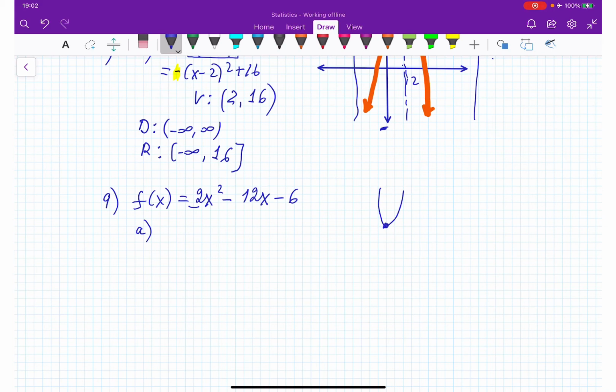But this is true about quadratic functions, okay? If it would be negative, then the graph would have maximum, okay? So since we have positive, then the function has minimum value.